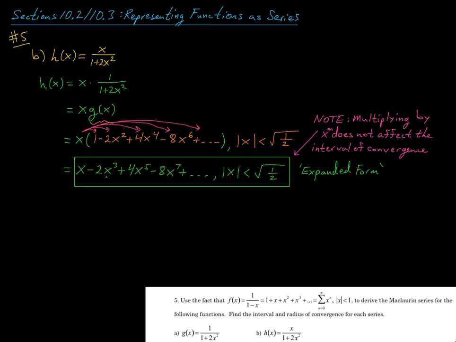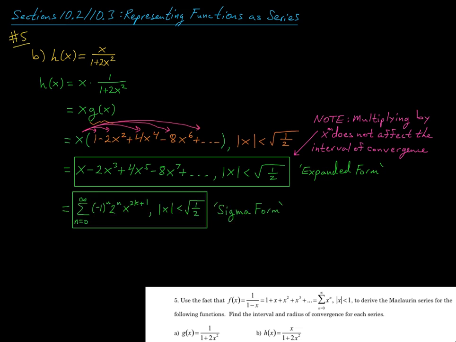So here we have the expanded form of the Maclaurin series, because again this series is centered at 0, of our function h of x. I can write that in sigma form. Note that this looks exactly like the sigma form for g of x. The only difference is the exponent on x. For g of x, we had x to the 2k.